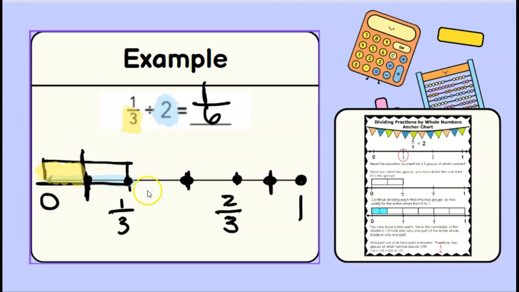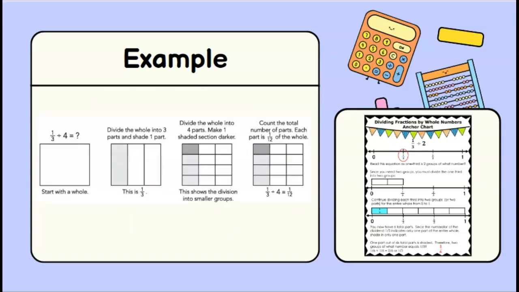This is 1/3 and this is a third. So each time I divide it, I'm dividing it in half. 1, 2, 3, 4, 5, 6. That's where I get 1/6. So on a number line, I can divide that number line in order to find my quotient, or I can do it with an area model.